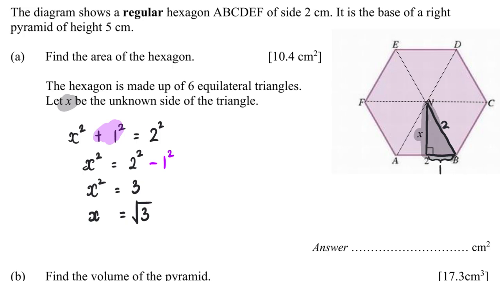And knowing this allows us to find the area of the hexagon. Looking at the triangle now, this base is 2, and the height, which is given by x, is square root 3. I can then find the area easily.